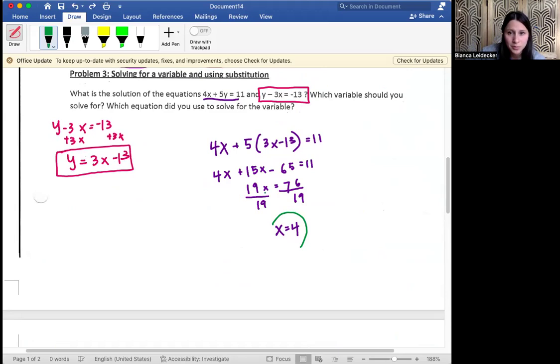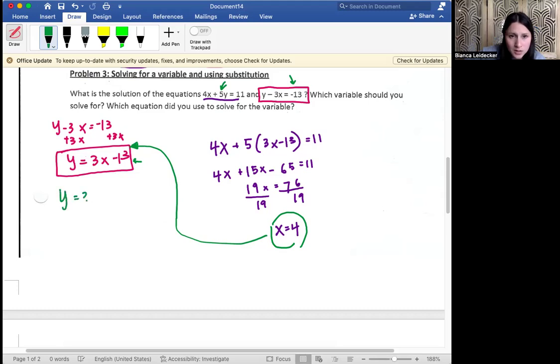You could even plug it into the equation I previously reoriented here. So you could do it multiple ways. You have 3 different options, right? You could plug x into this one, this one, or this one. I'm going to do this one because it's already set up as y equals a value.